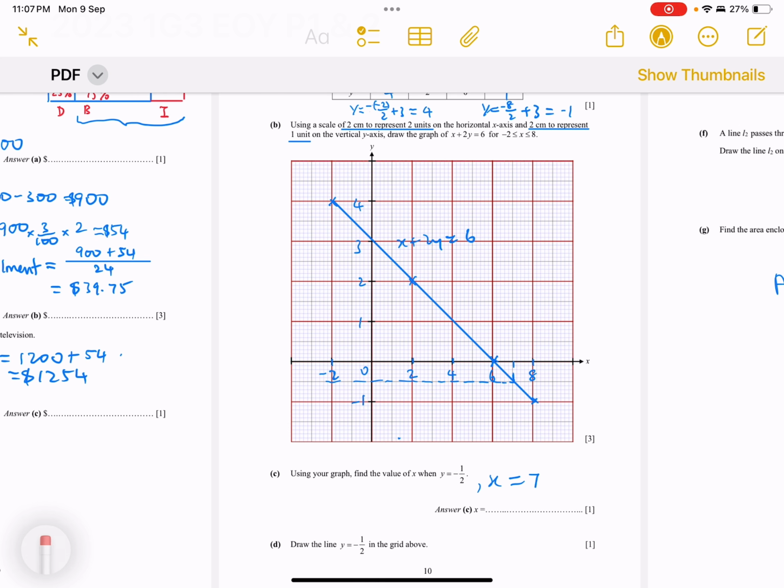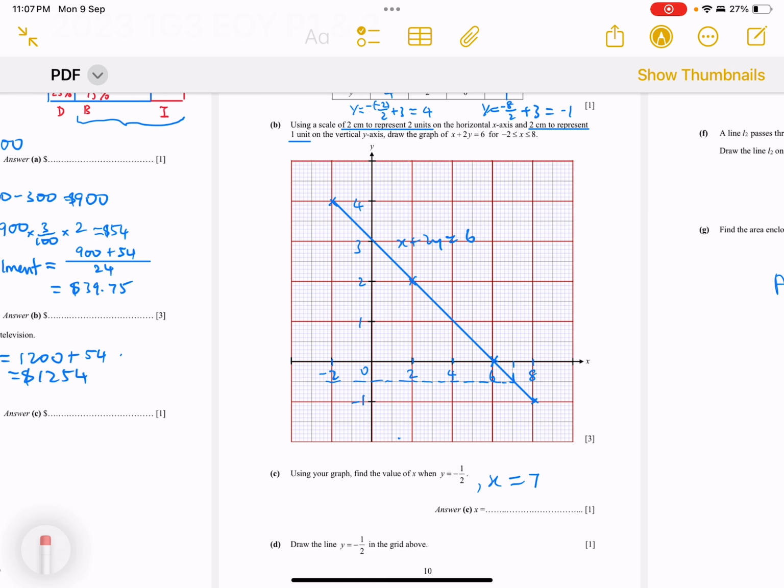Next, a line L2 passes through the point negative 1, 2. Where's negative 1, 2? Negative 1 is the x value, right? So negative 1 x value and 2. Negative 1, 2 is the point here. So we want a line that passes through this point and is parallel to the y-axis.